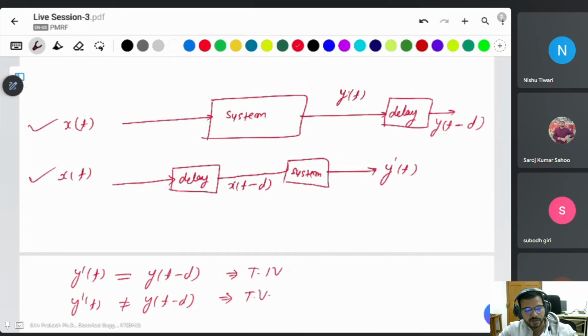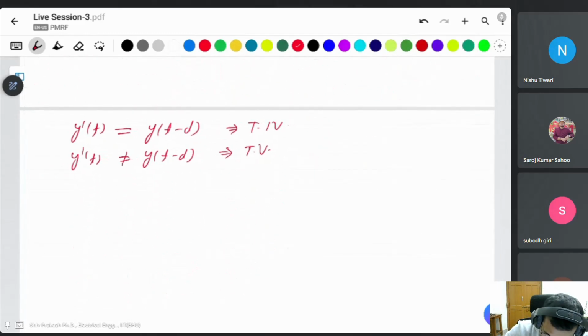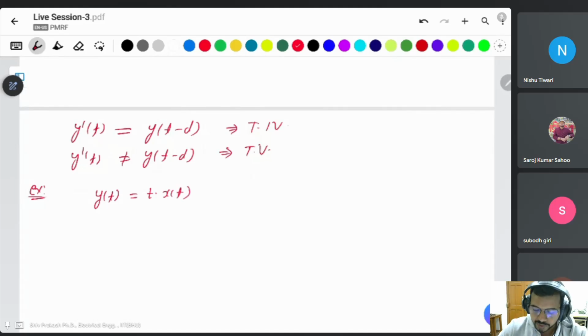Let's check an example, then you will understand better. Suppose you have a system with output y(t) equals t times x(t).